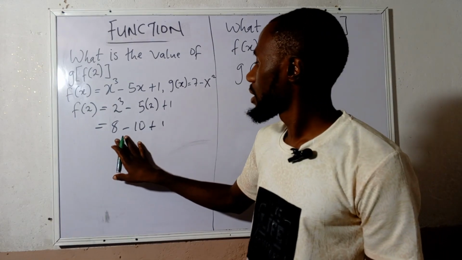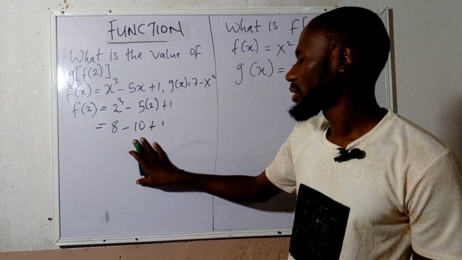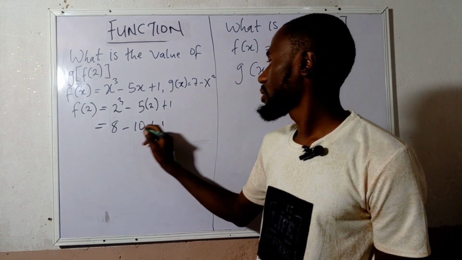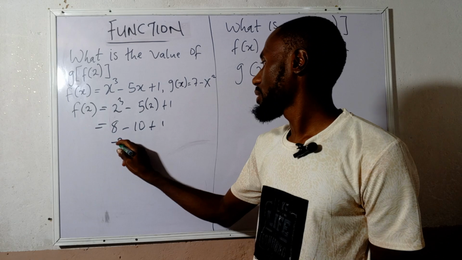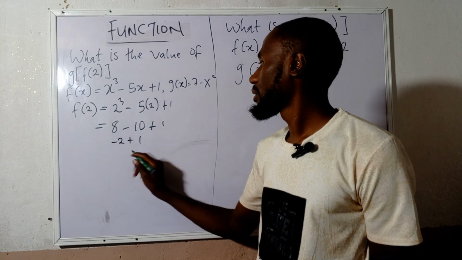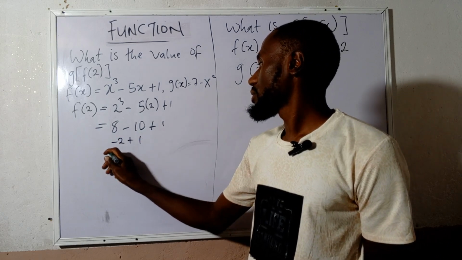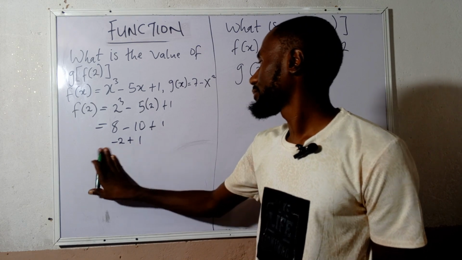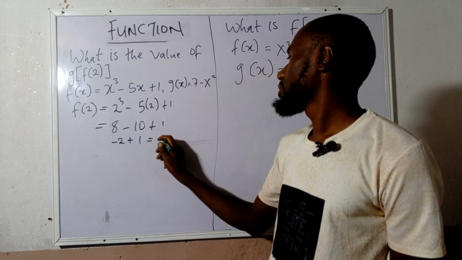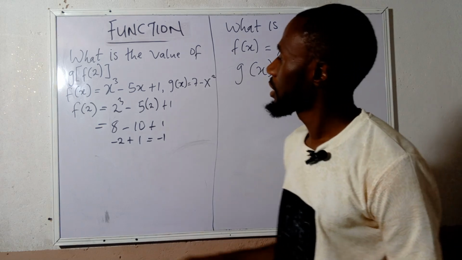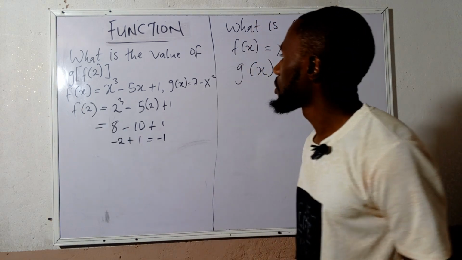This is equal to 8 minus 10 equals minus 2. Minus 2 plus 1 equals minus 1. Finally, we got minus 1 as our f of 2.